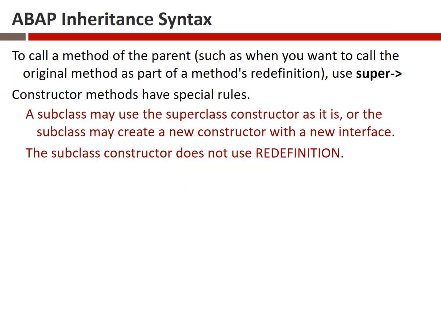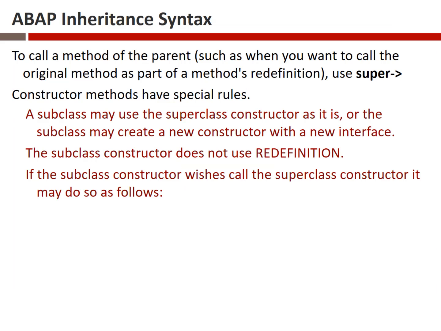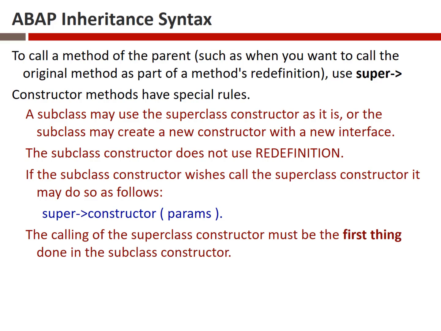And the answer to that is I absolutely can do that. If you want to call the parent constructor, you do it like this: super->constructor, and now you're going to have to put in your parameters. Note this: the calling of the constructor must be the first thing you do in the subclass constructor.